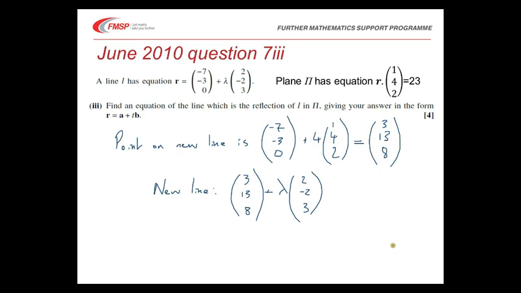And then in the last part, if you follow this method, there's a method mark for adding on 4, and an accuracy mark for this value here, a method mark for identifying that it will have the same direction, and an accuracy mark for the final answer.